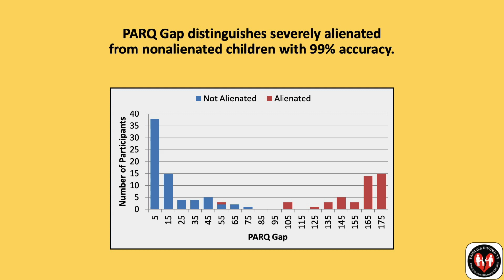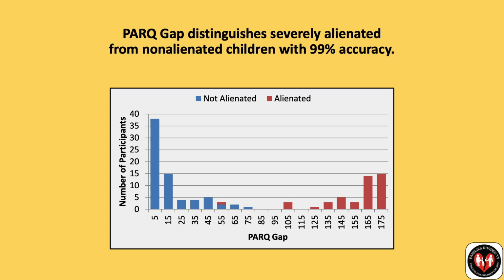And in alienated children, that gap is a very high number. In this chart, the kids on the right-hand side, in red, are the alienated children, and they have very, very high PARQ gaps.